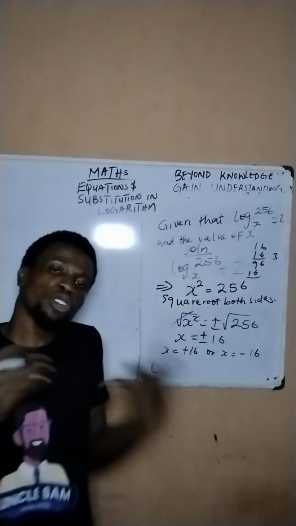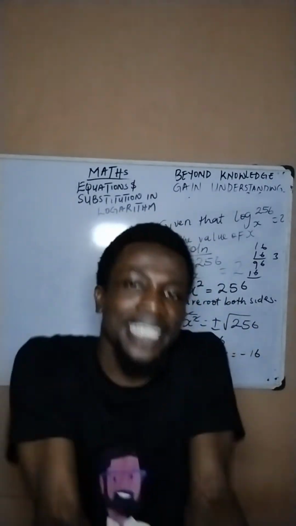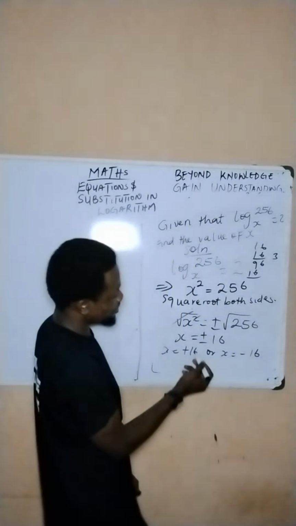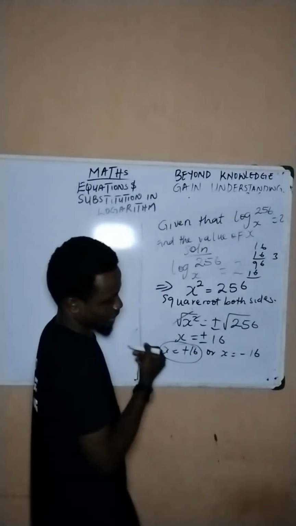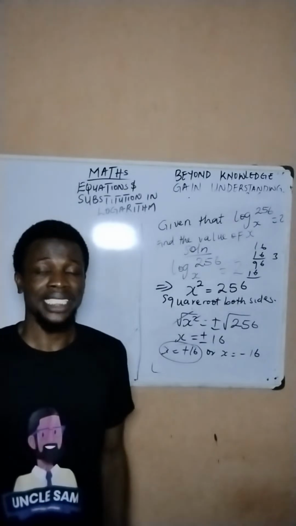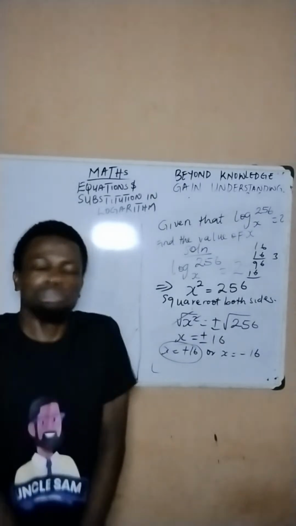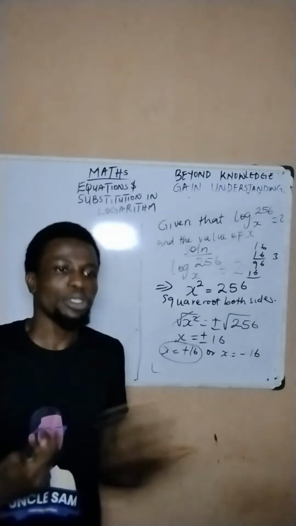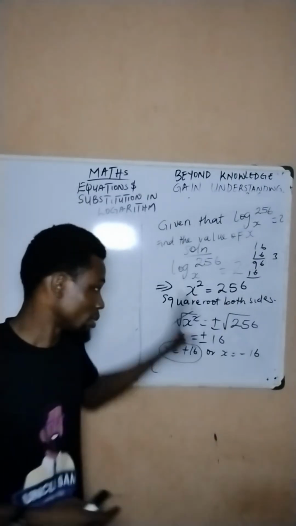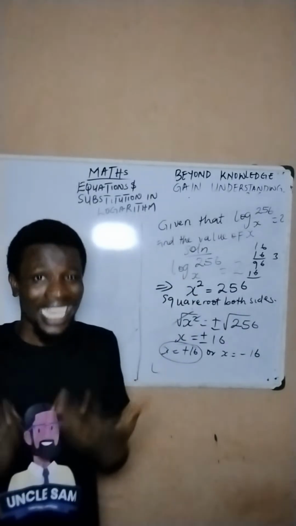But for the purpose of logarithm, which we are discussing, it is right for us to pick the positive 16, because having a negative base further complicates the solution.